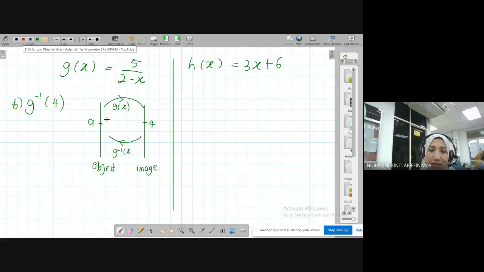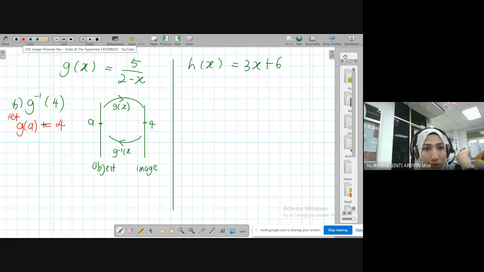If I transfer in the diagram form, so you tahu A, you tak tahu, you didn't know the object for image 4. You tak tahu berapa nilai object bagi image 4. So that's why I lukis diagram macam ni. Okay. Inverse 4 is A. So you nampak tak daripada sini, G(A) become 4.